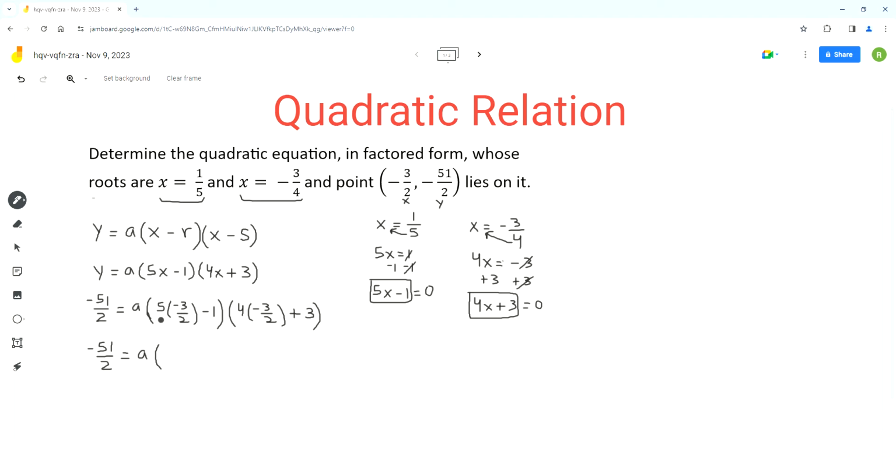Now the denominator of 5 is 1, so we multiply the numerator terms and we get negative 15, and then we multiply the denominator terms, 1 times 2, which is 2. And then minus 1. And then we do the same thing in the other parentheses. The denominator of 4 is 1, so 4 times negative 3 is negative 12, and 1 times 2 is 2.